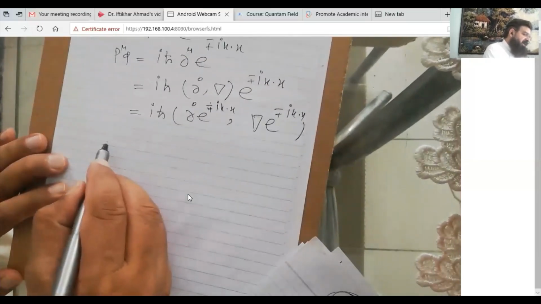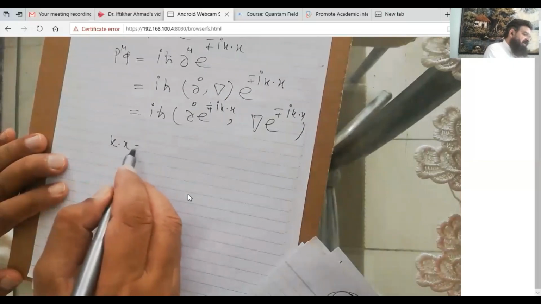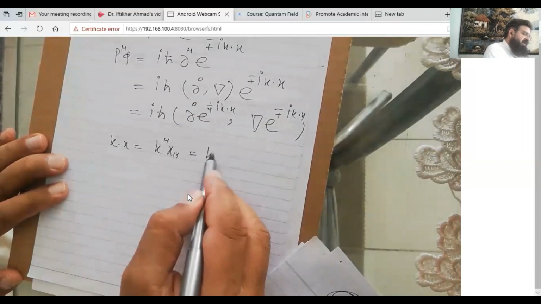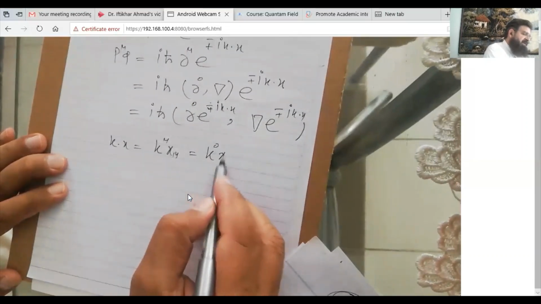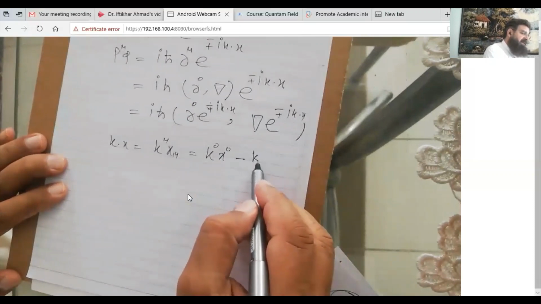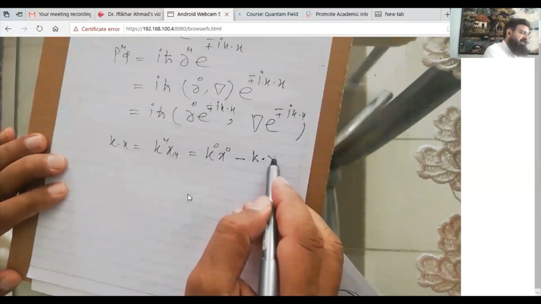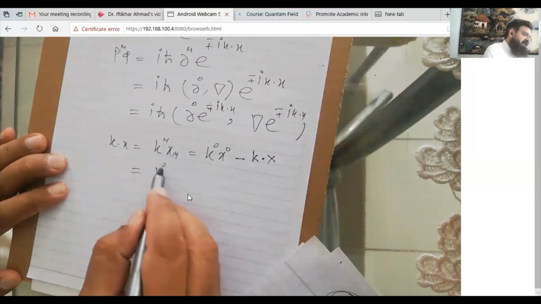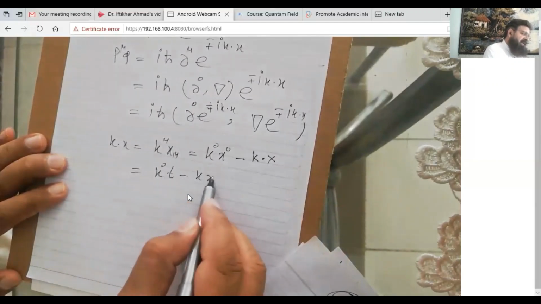So what is k·x? This is k_mu x^mu, so k_0 x_0 minus k·x, again k_0 t minus k·x.